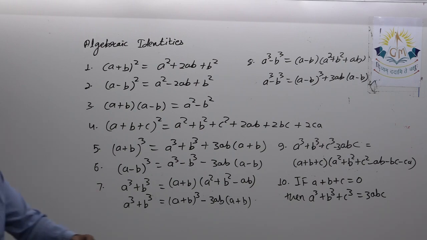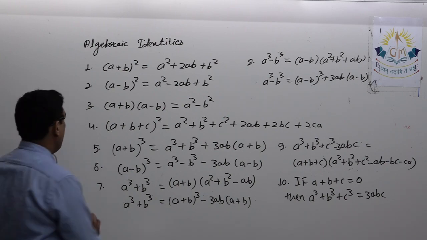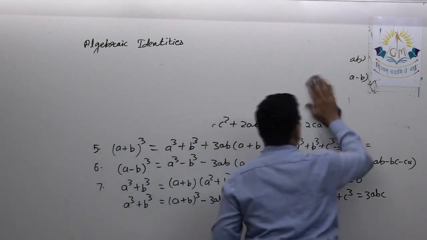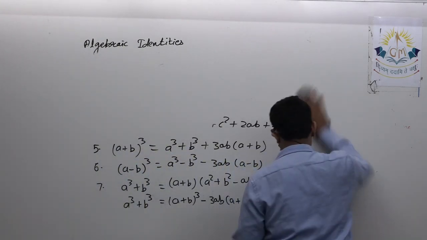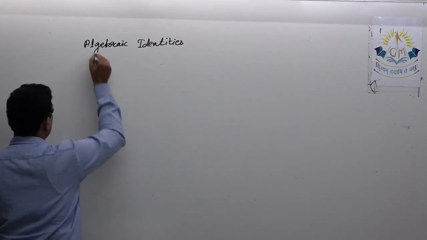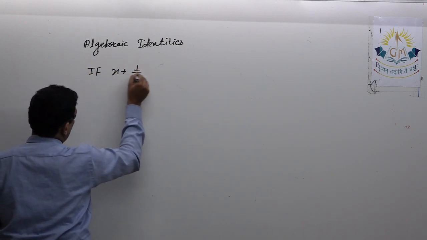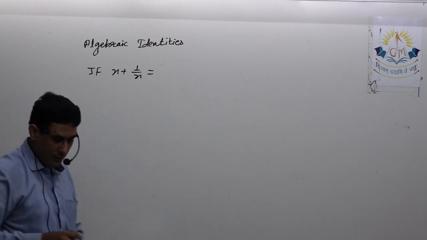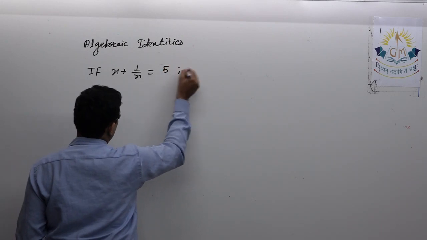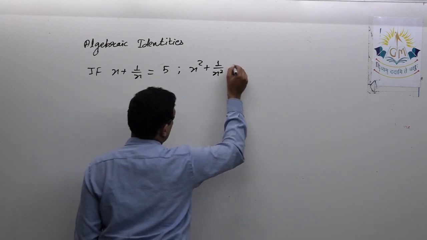Okay, so now we'll see some questions based on this. Here is the first question. If x plus 1 upon x is equal to 5, then x square plus 1 upon x square is equal to what?